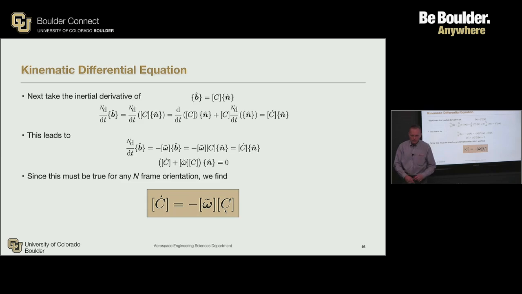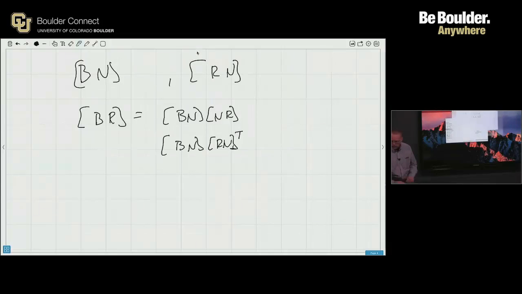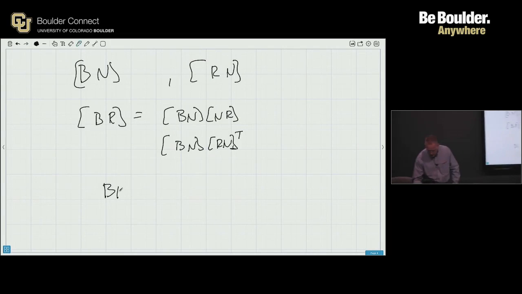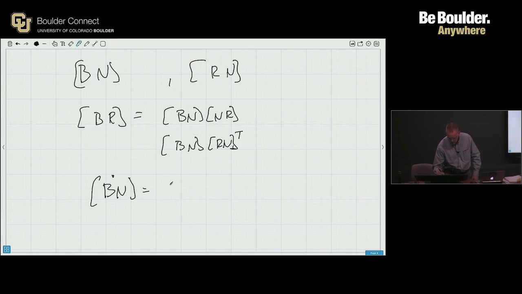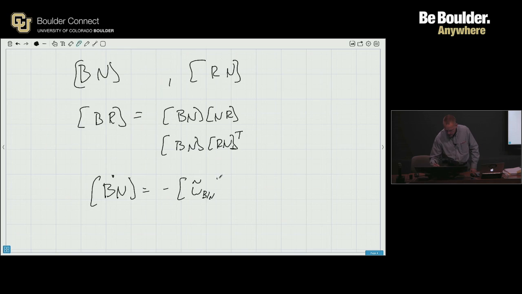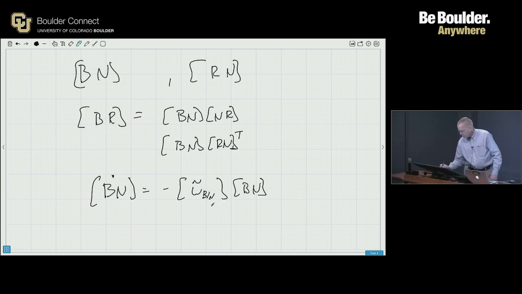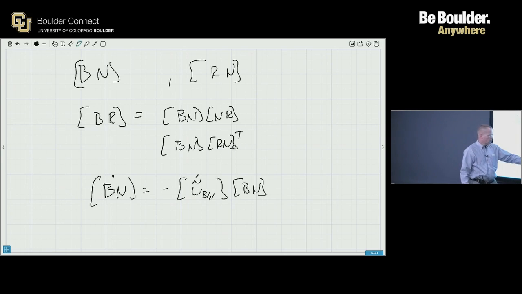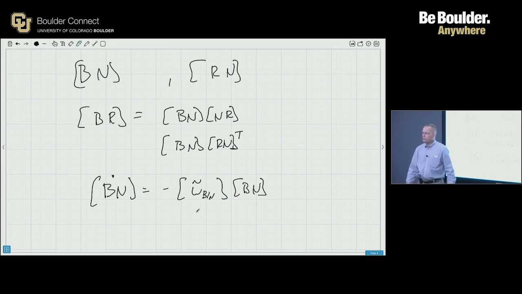Or if you want to write this out in the two-letter notation, I'll do that. That would be BN dot ends up being minus omega BN tilde times BN. Now this omega vector, when you take vector components and construct this tilde matrix, with respect to what frame do we have to take vector components?